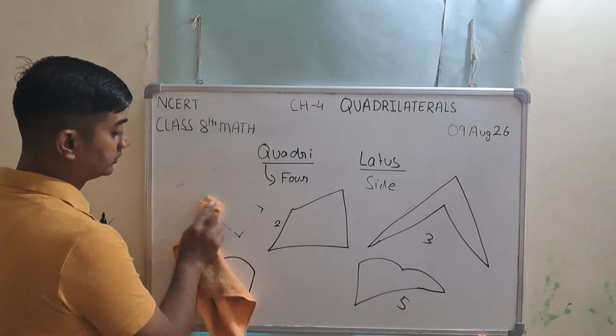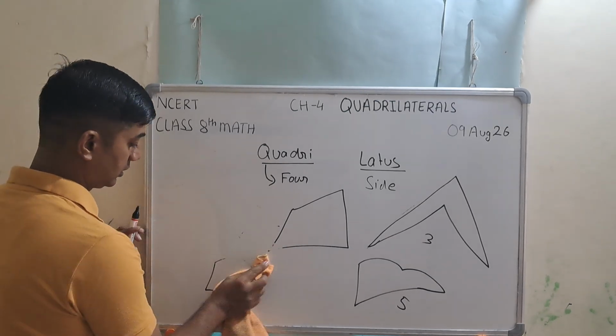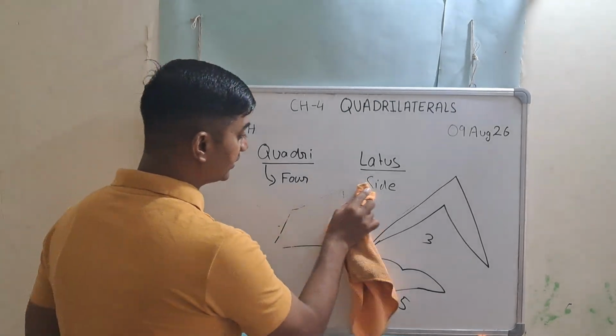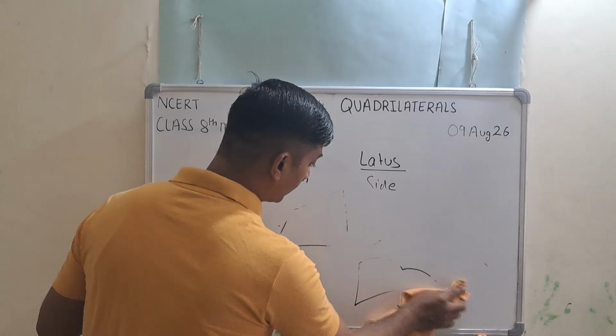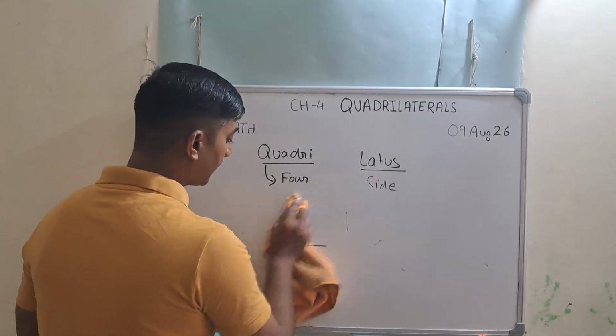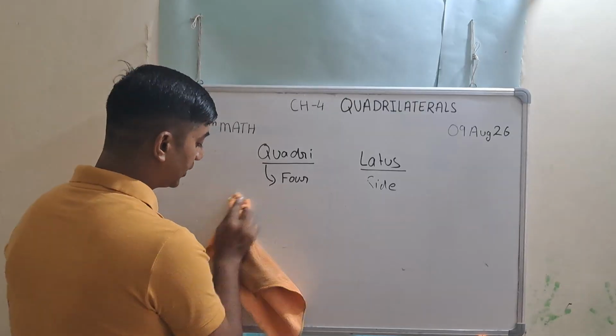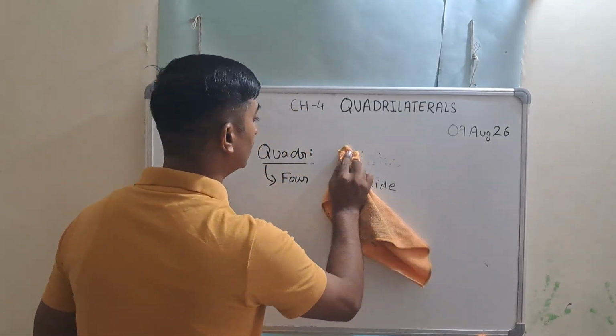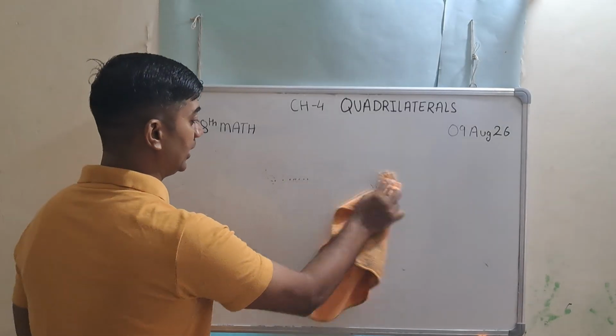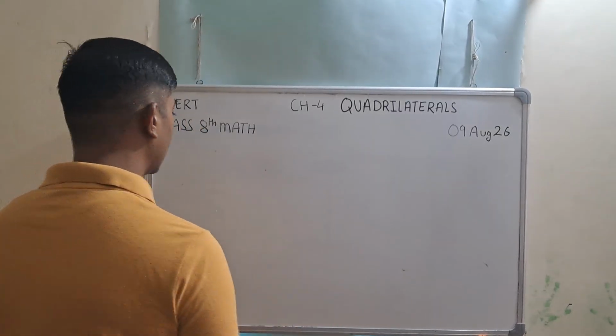Now let's move ahead. We will start this chapter with a particular type of quadrilateral. Understood? And that is your topic 4.1. What is your 4.1 topic?